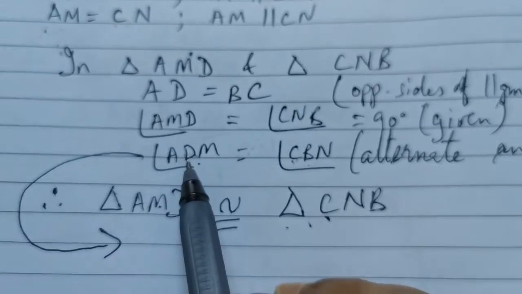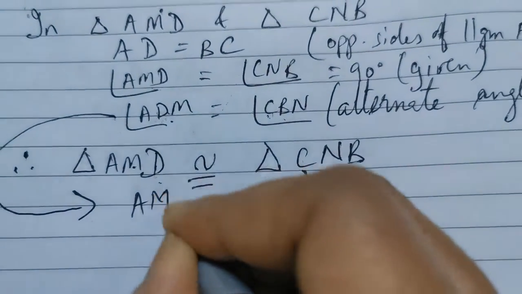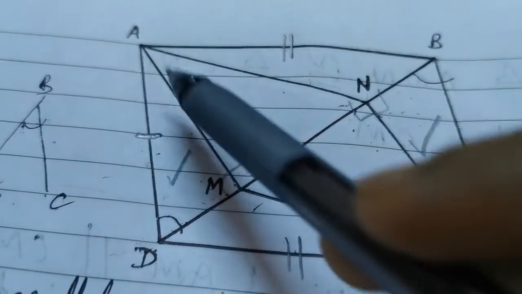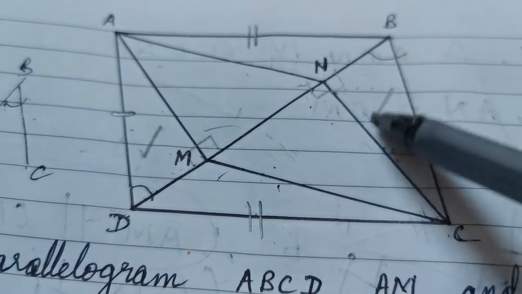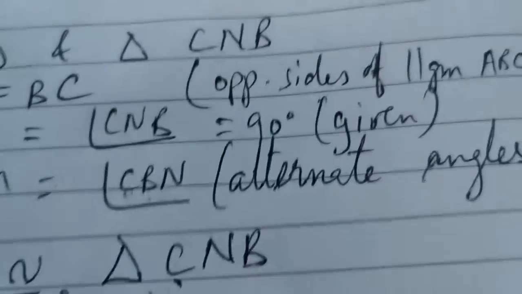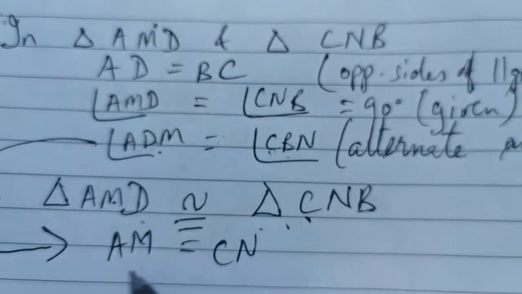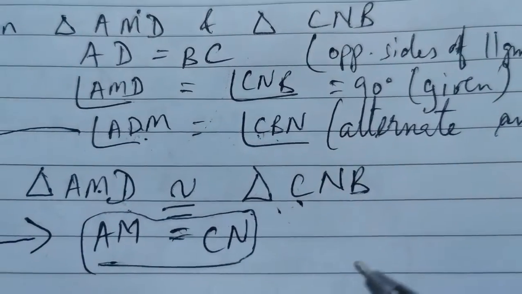The side opposite to ADM is AM, and the side opposite to CBN angle is CN. So, now we proved AM is equal to CN.